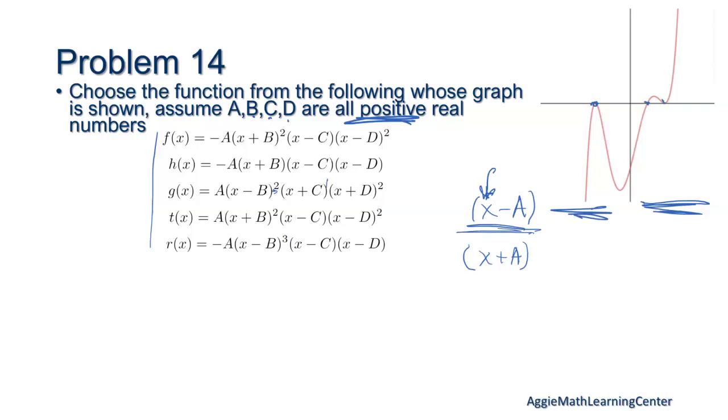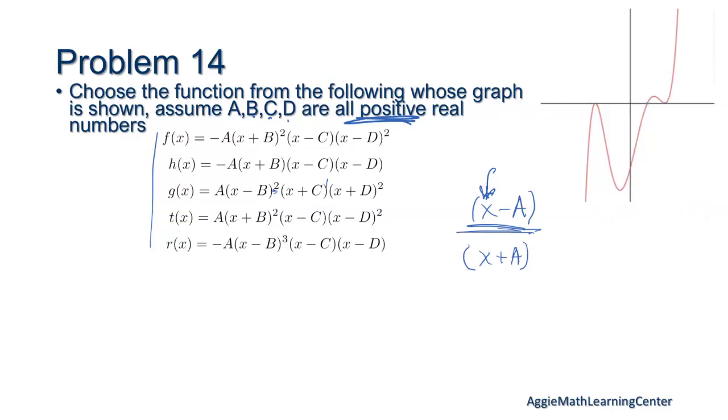If it's bouncing off, it's an even multiplicity, and we start by assuming it's a multiplicity of 2. If it's passing through, we assume it's an odd multiplicity, and it's a 1. If it looks linear, it'll be a 1. If it looks flat like that, it'll have a multiplicity of 3. So let's get going.